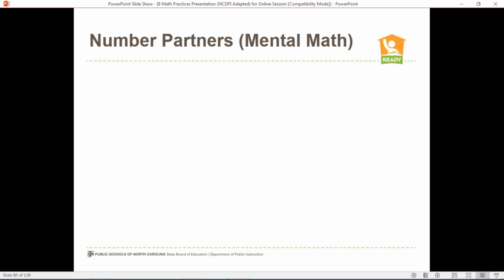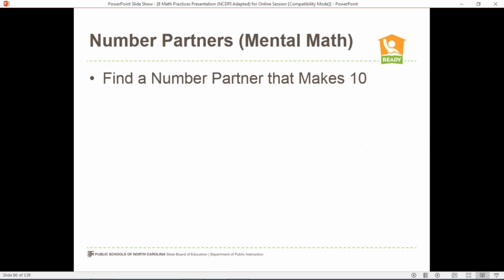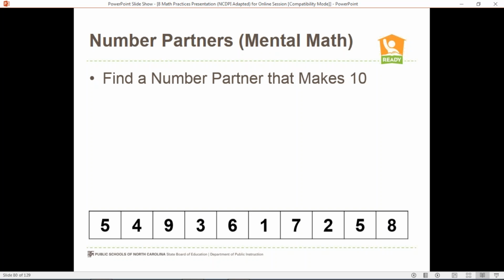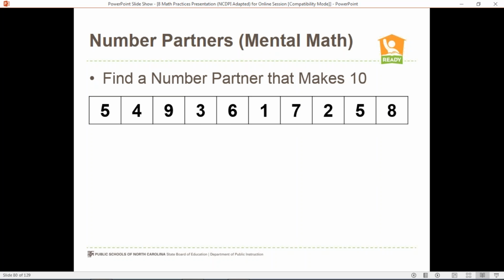So another strategy when it comes to this standard is looking at number partners or mental math. We're going to take this task, and the task is to find a number partner that makes 10. So we give you something like this, and we say, okay, now find the number partner that's going to help make a 10.